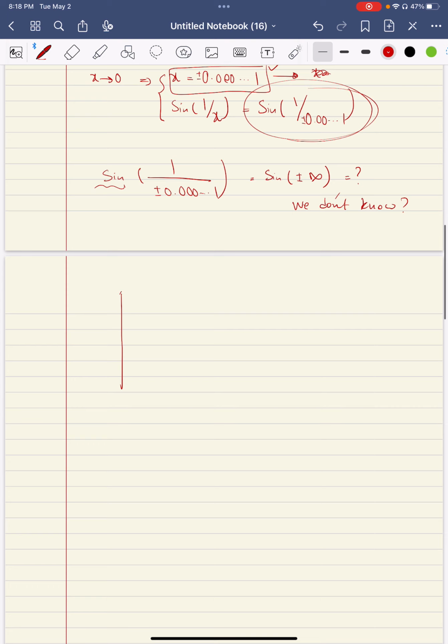Let's graph sine x. This is y, this is x, this is sine x, right? So what we know is that sine x, whatever x is, the y or the f(x) or the sine x would not be over plus 1 or less than negative 1.